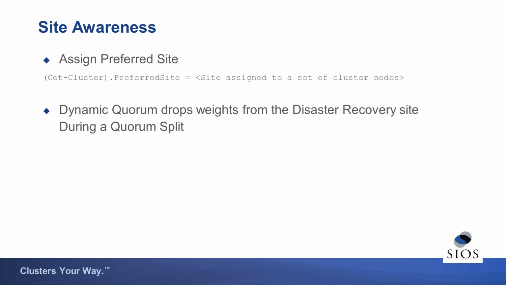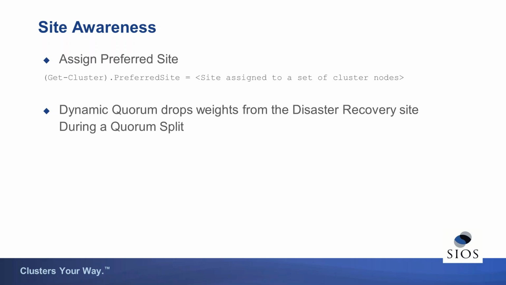And so it essentially tries to ensure that you always have an odd number of votes in your cluster. And with 2012 R2, they also introduced something called dynamic witness, which again controls whether or not the witness has a vote. The goal is to always have an odd number of votes so that you never have a split cluster with just an even number of votes on each side.